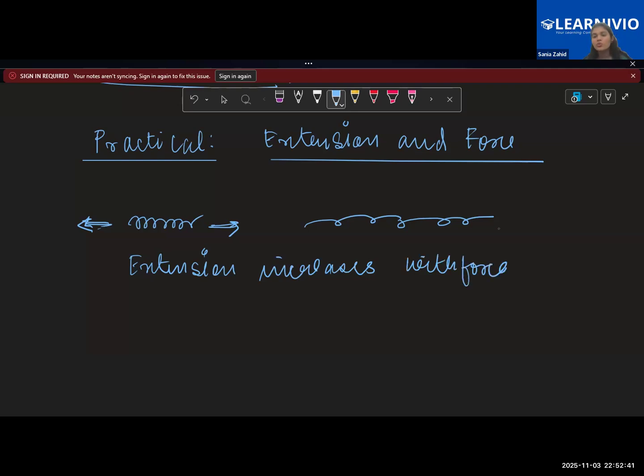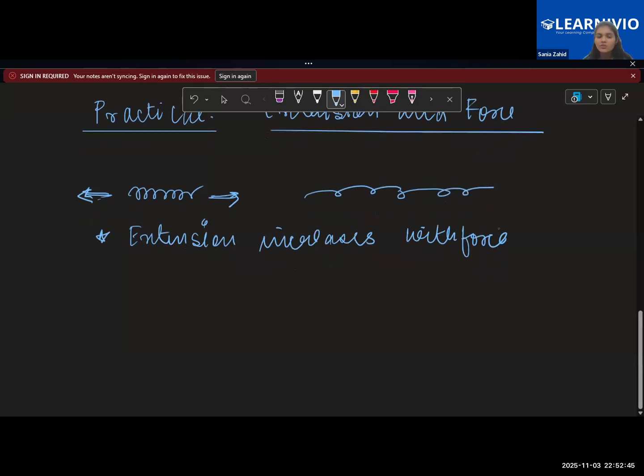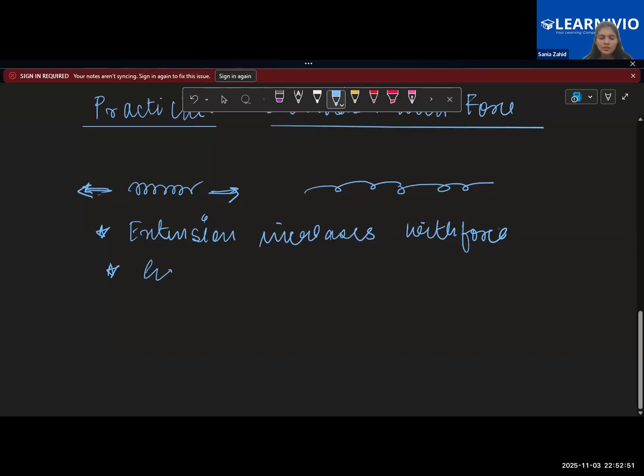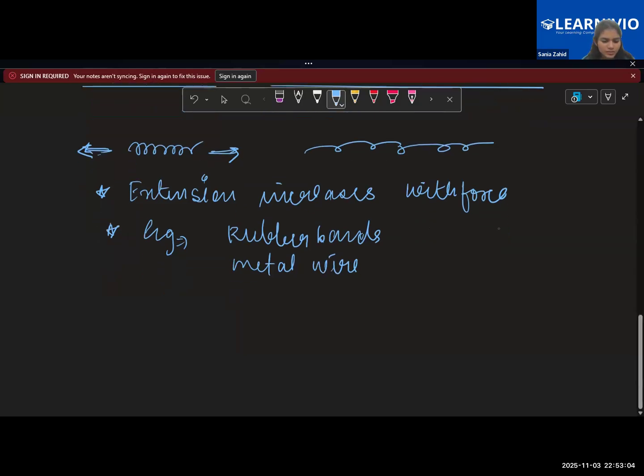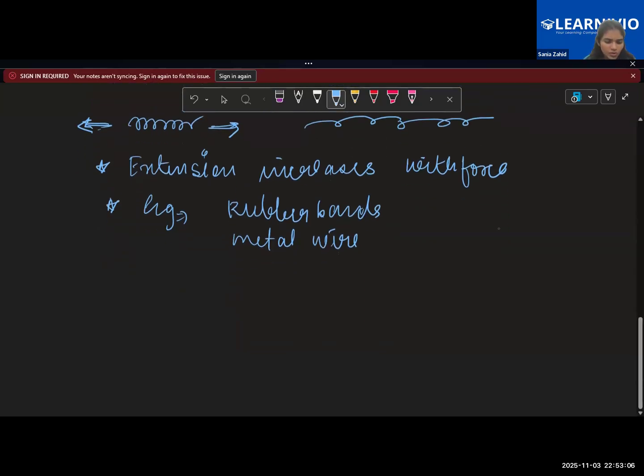When you put more force, your extension will also increase. When you put less force, the extension will decrease. Then next you can write examples: rubber bands, metal wire, etc. Next is Hooke's law.